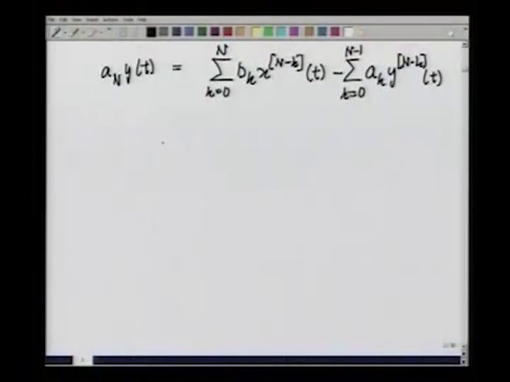Of course, after making the change that we take away this a n coefficient that I am pointing out right now, and place it on the right side.